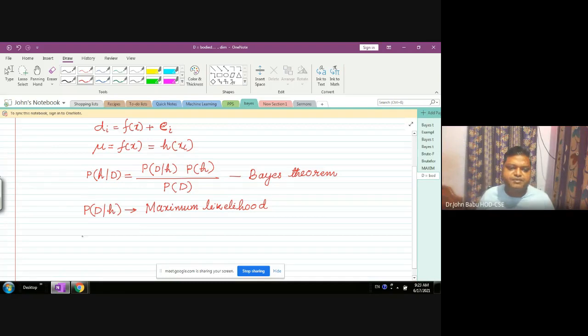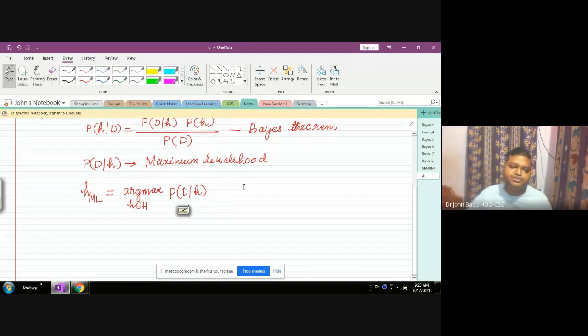So, in maximum likelihood hypothesis, what we want is the hypothesis which will return the maximum probability, that we call the maximum likelihood hypothesis. So, probability of data given the hypothesis. We have so many hypotheses here.